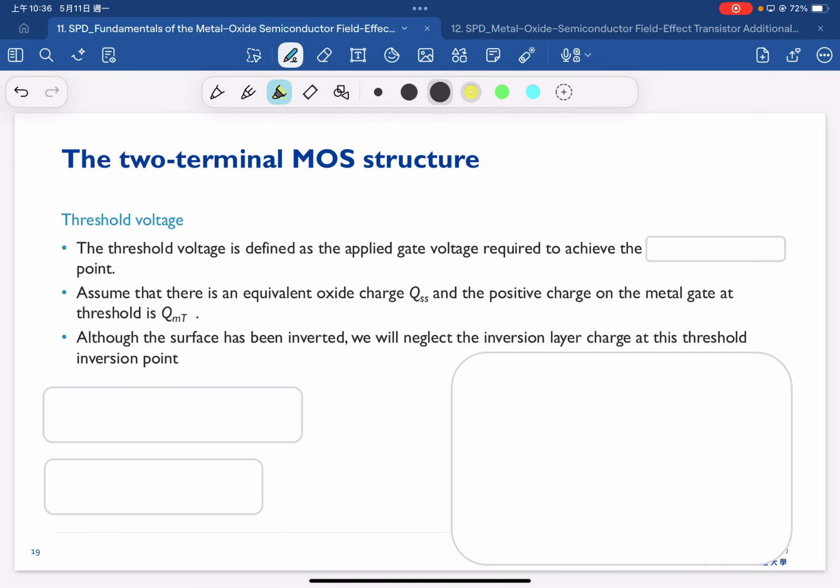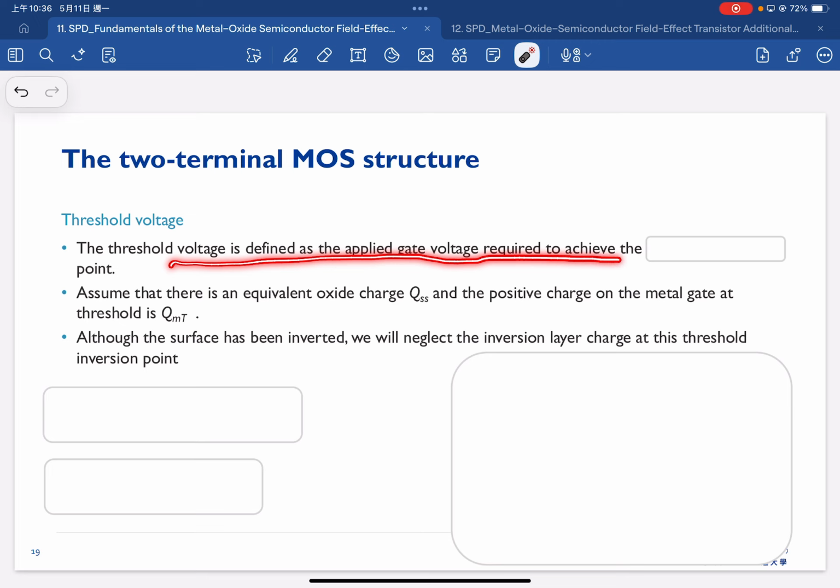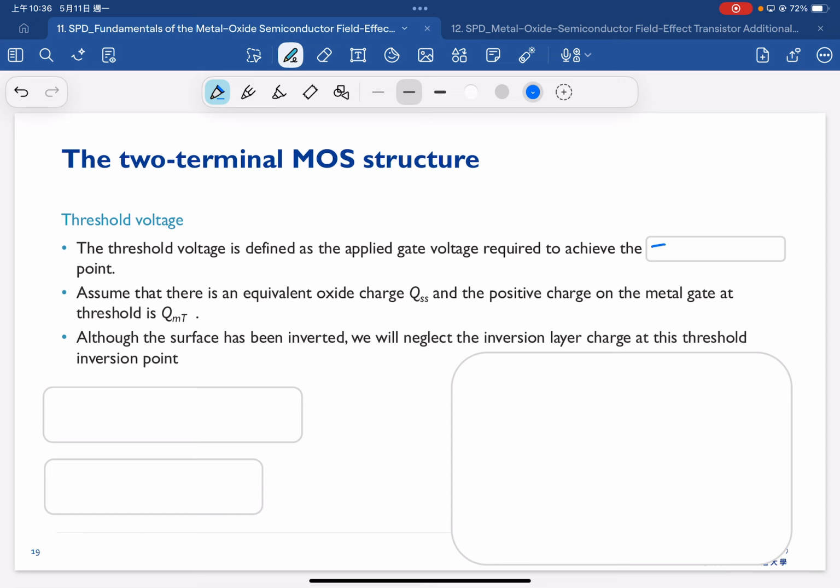So with this analysis, we can start to further explore how we get the threshold voltage calculation. The threshold voltage is defined as the applied gate voltage required to achieve the threshold inversion point. And again, we assume that there's an equilibrium oxide.